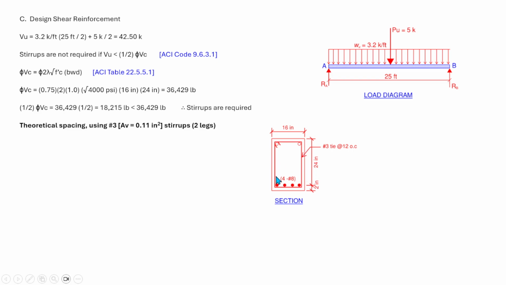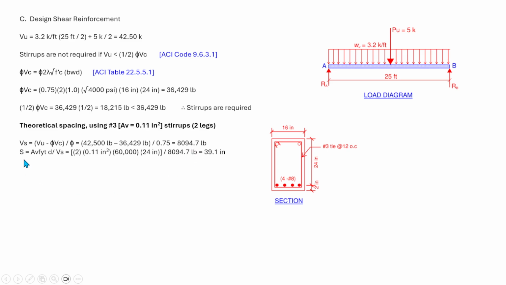So the Vs can be calculated from this equation here, Vu minus phi Vc all over phi. Phi here is 0.75 for shear, is equal to 42,500, which is Vu, minus 36,429 for Vc, all over 0.75, and that is equal to 8,094.7 pounds. So that is the value of Vs.